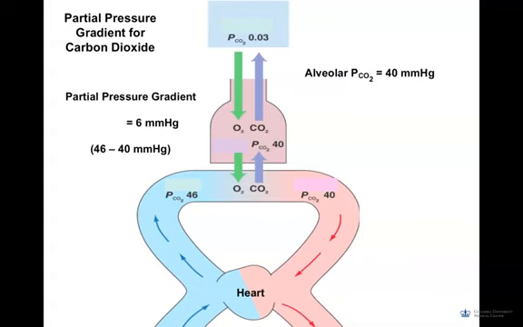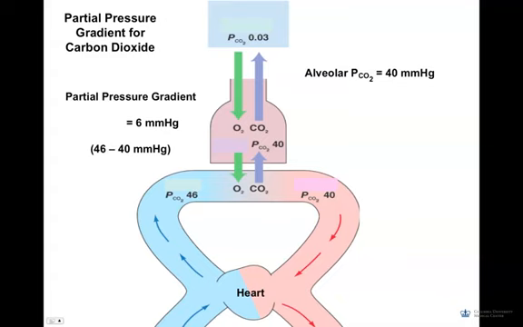Okay. So if we look at the partial pressure gradient for CO2, we have at the blood level a PCO2 of 46, in the alveoli a PCO2 of 40. Okay. And so if we subtract those two numbers, we get a magnitude of this gradient that is equal to 6 millimeters of mercury, which is much smaller than the gradient that we saw for oxygen.